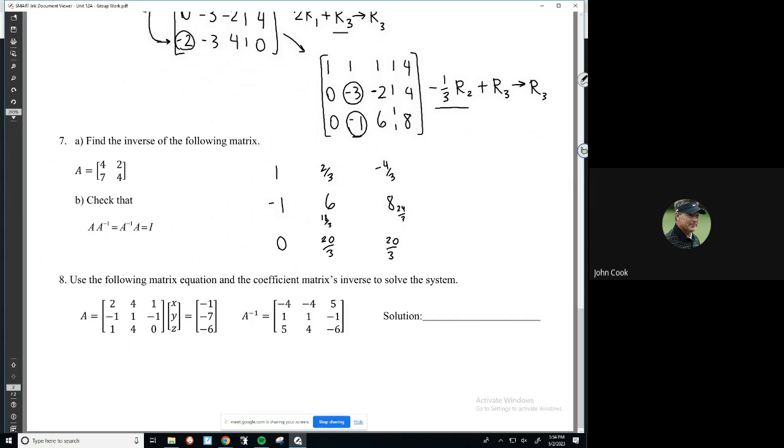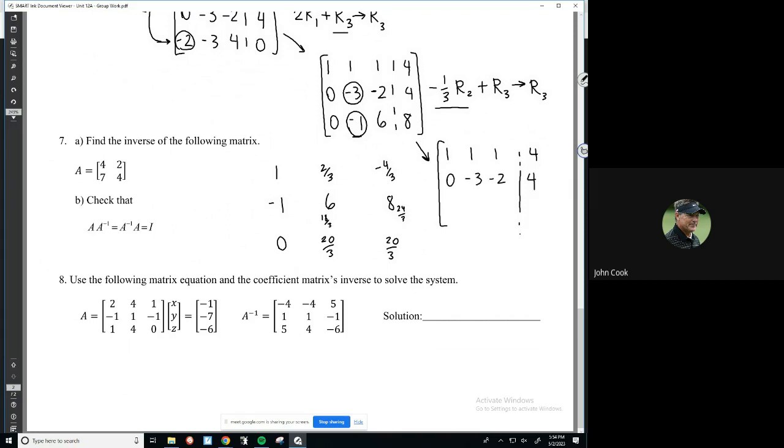All right. So here's what we end up getting from Gaussian elimination. This is our last one that we're going to need before we start doing backwards elimination. So we've got 1, 1, 1, 4. And then we've got 0, negative 3, negative 2, 4.